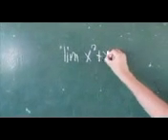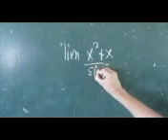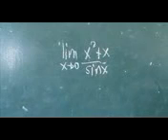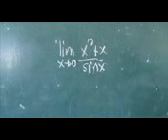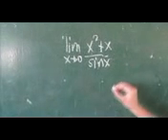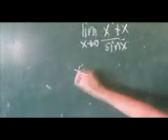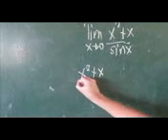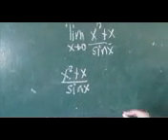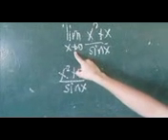Let's have the first example. Use L'Hopital's rule to compute the limit of x squared plus x all over sine x, where x approaches 0. First, we need to prove that the given function is indeterminate so that we can apply L'Hopital's rule. Here, we can apply the limit theorem by substituting the value of x.